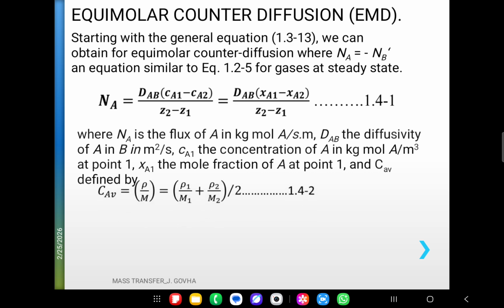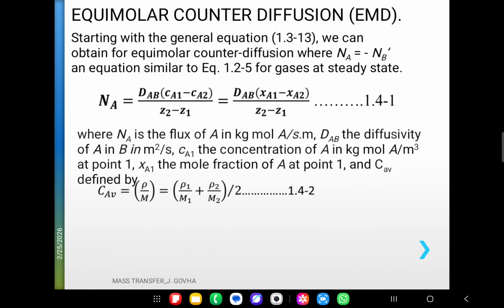CA average is your density component 1 divided by molecular mass component 1, M1, plus your density component 2 over molecular mass component 2.